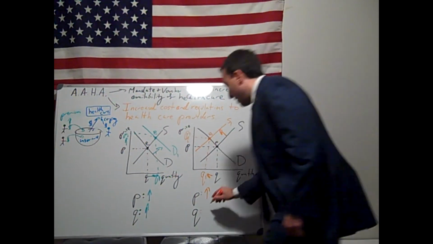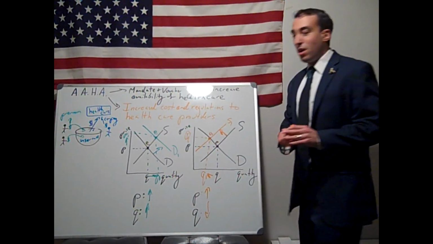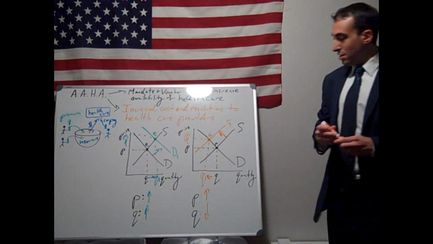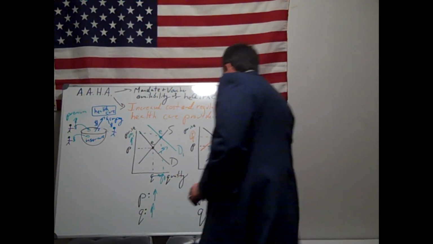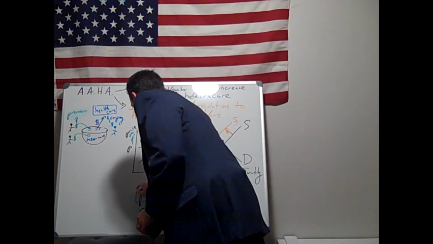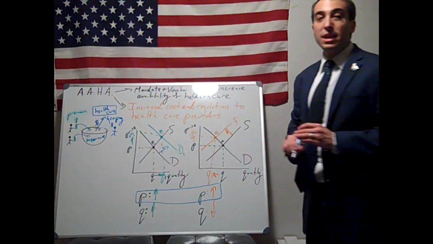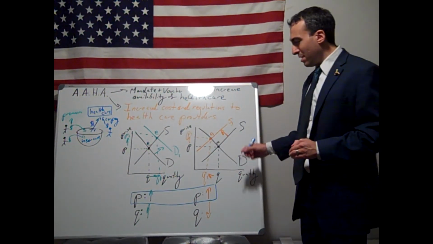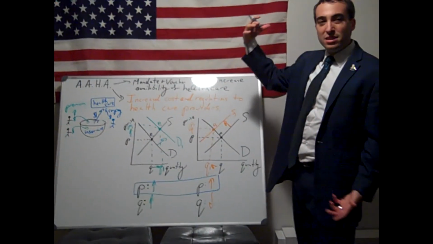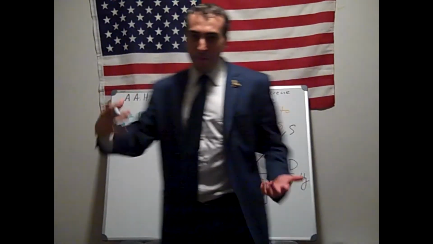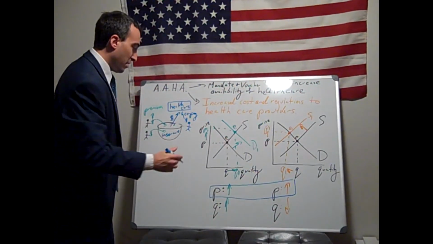however, quantity decreases. So on a multiple choice test, you could say that price definitely will increase. We could predict that price will increase. However, quantity is increasing and decreasing. On the AP test, this has a couple of different words to it.